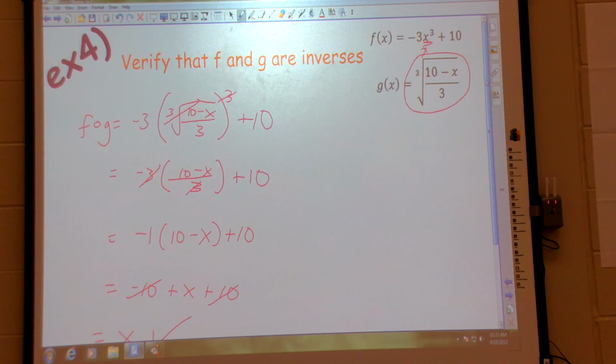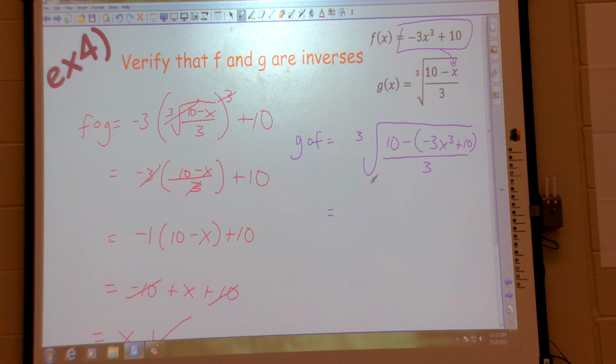I'm going to scroll back up. And now I need to do g composite f, which means plug all this in for x here. So the cube root of 10 minus, make sure you have parentheses, (negative 3x cubed plus 10), all over 3. Okay, so let's distribute first.